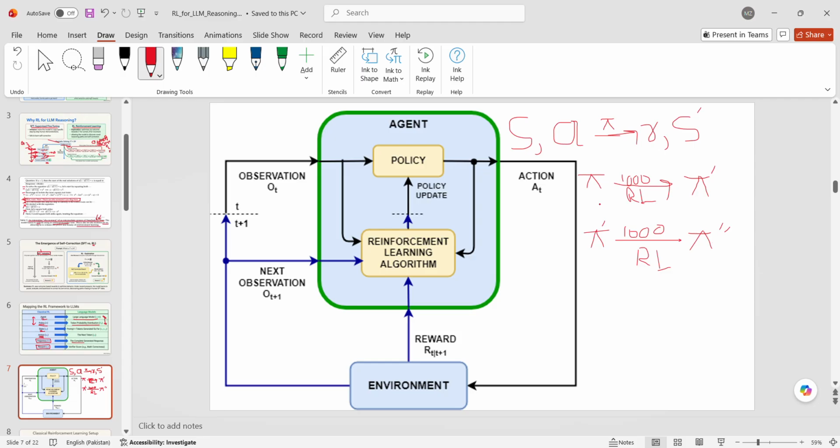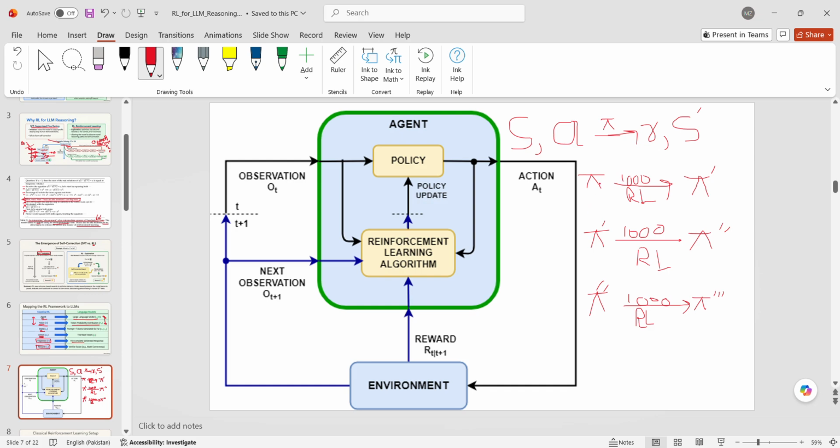Then again, we put the agent into the environment, and this time it takes 1000 actions according to pi double dash, and we apply a reinforcement learning algorithm on top of these collected samples to get pi triple dash.